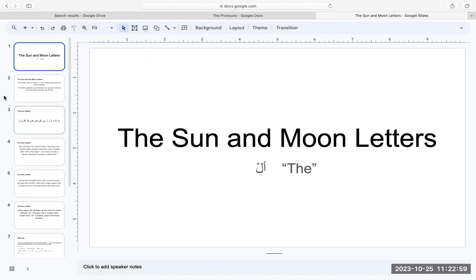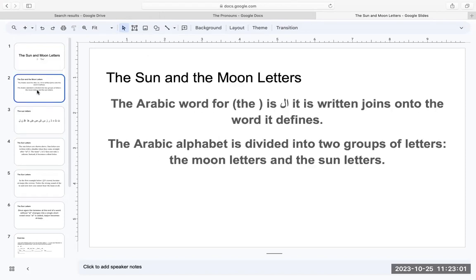Let's go back to the sun and moon letters, so I will not make it long. As you see here, the Arabic word for "the" is alif lam, written joined into the word it defines.